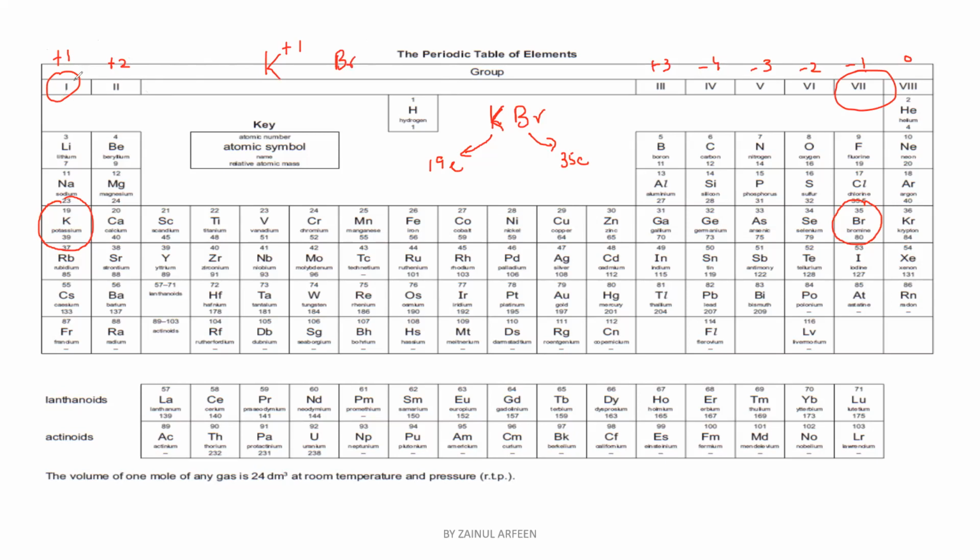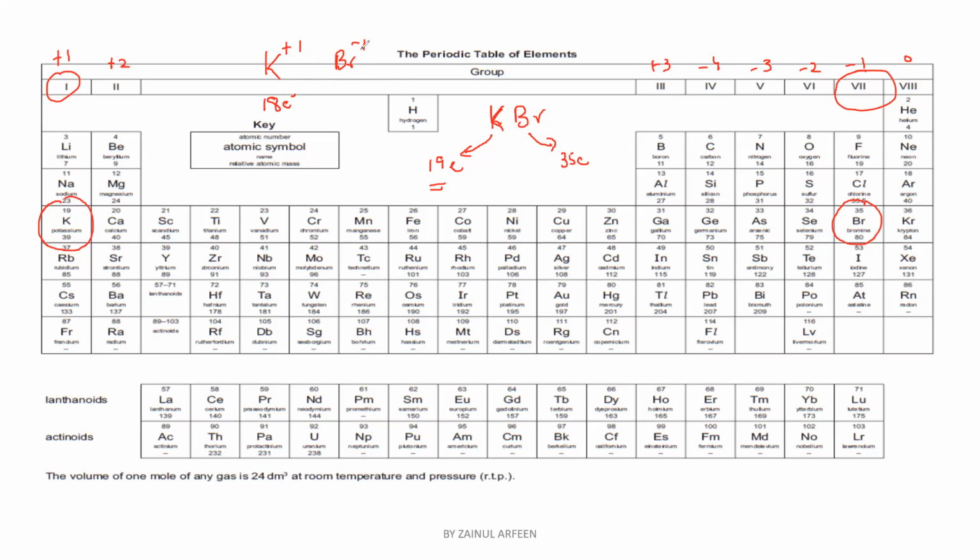So when potassium and bromine react with each other, potassium will form a potassium ion, which will be K+, and bromine will form a bromide ion, which will be Br-. So in the potassium atom, there are 19 electrons. But because in an ionic compound ions are formed, it will form a potassium ion. How many electrons will be there? 18 electrons, because it loses 1. A positive ion means it is a loss of electron.